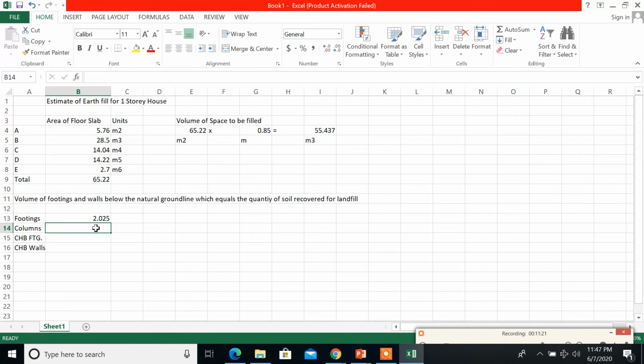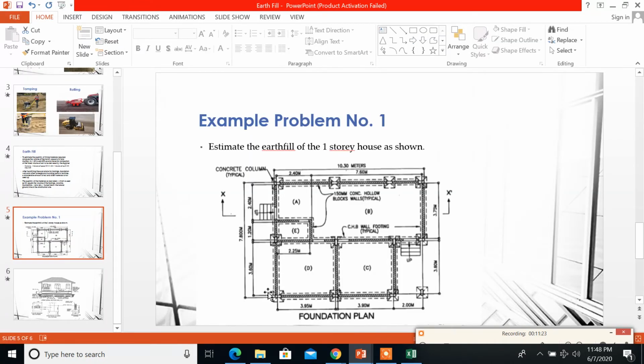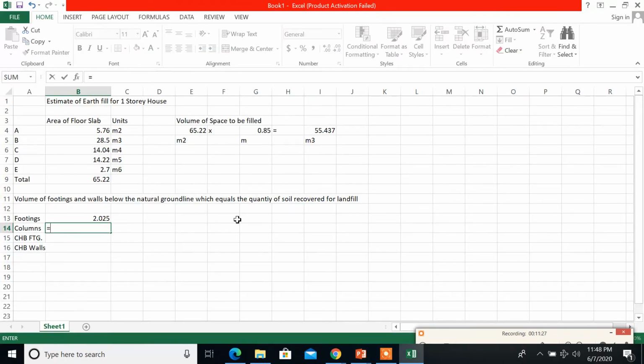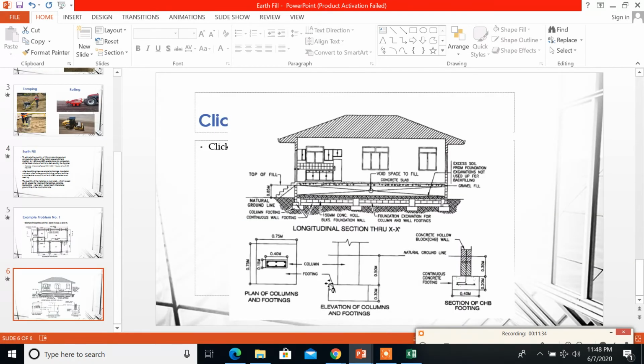Then next, for the columns, based from the plan, size of column is equivalent to 0.4 times 0.15 times, so height of the column is equivalent to 0.5 from the natural ground line.